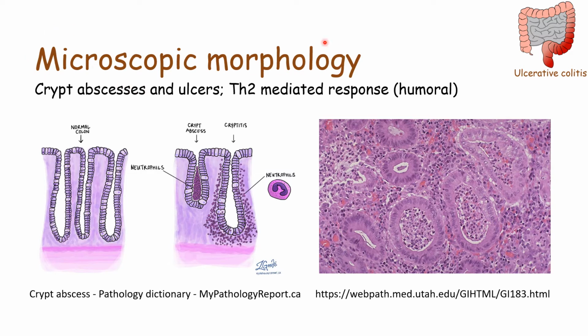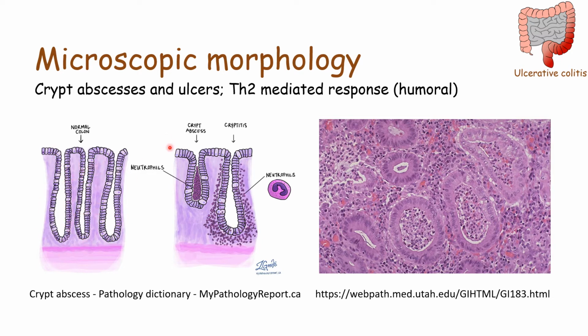Microscopic morphology now of ulcerative colitis. We will see crypt abscesses and ulcers. Here we have an image of normal bowel. These crypts are part of the normal bowel. We can see them here.